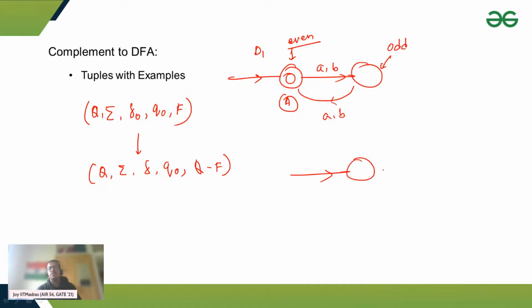In D2 the transitions will all be the same, this A, B, everything will be the same. Only the difference will be in the final states. Only the final states will be changed. Other than that, everything is the same. Then we can say D2 is the complement of D1, or vice versa.